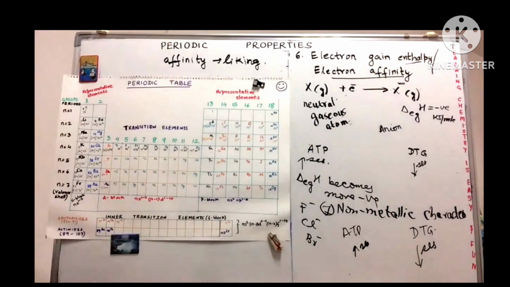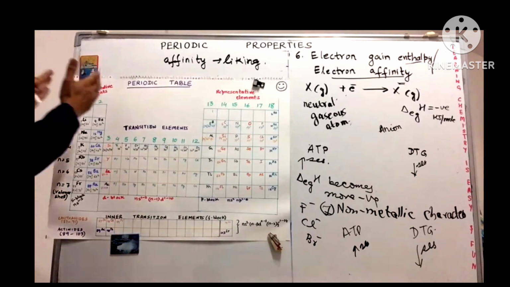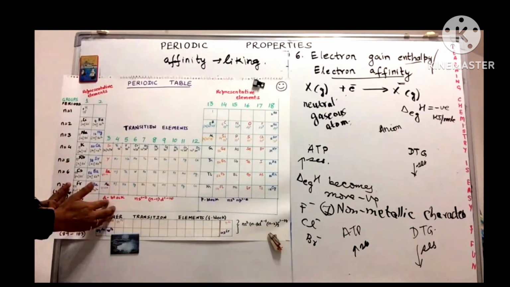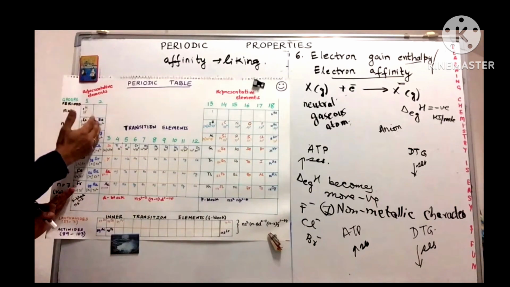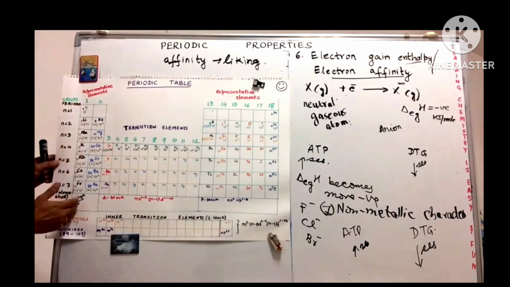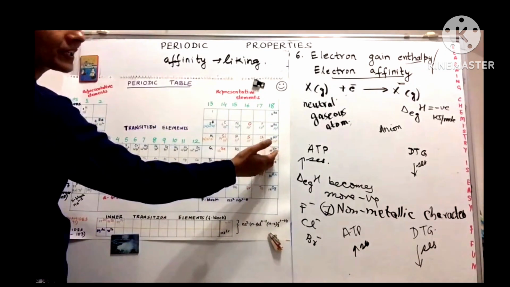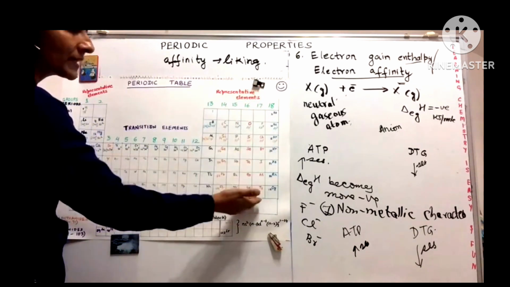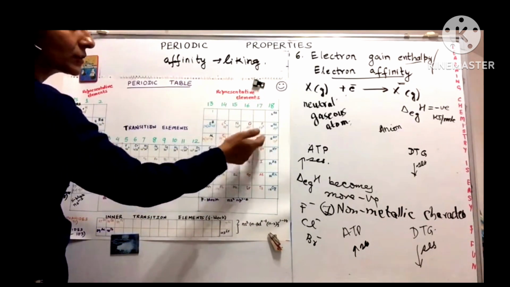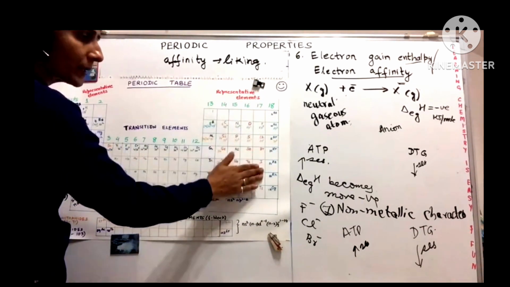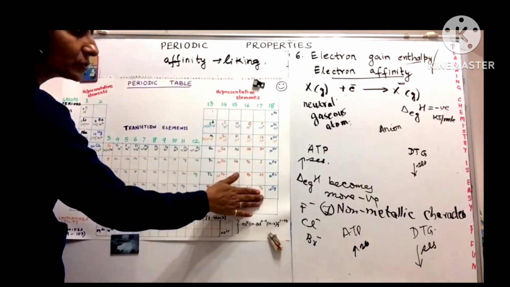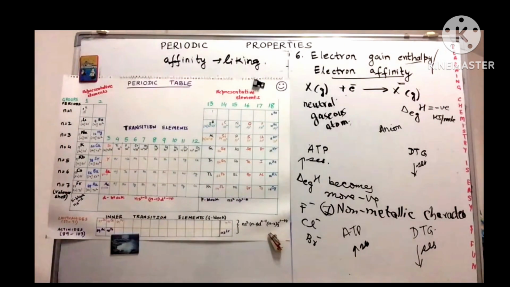Now you understand why I said in the periodic table, on the left-hand side you find metals: alkali metals, group 1, alkaline earth metals, group 2. Whereas on the right side of the periodic table, you have the non-metals: oxygen, fluorine, sulfur, chlorine, bromine, and so on. But in any group, as you go down, the metallic character again begins to show its colors.